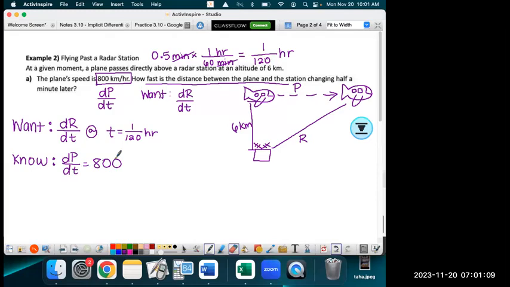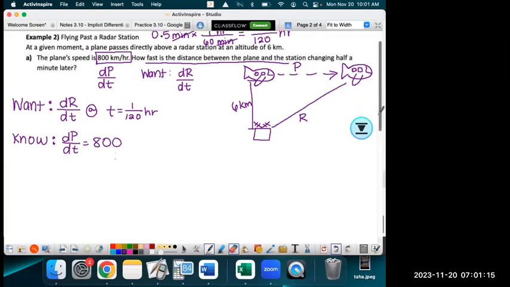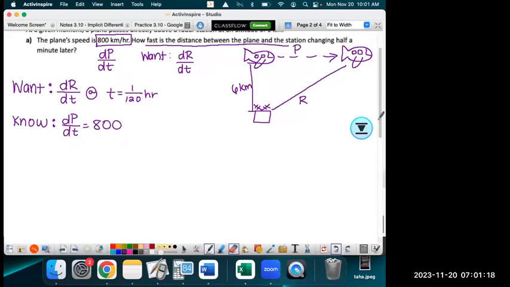All right, so let's get an equation together relating our variables. We talked about the Pythagorean theorem already. So here, a squared plus b squared equals c squared.